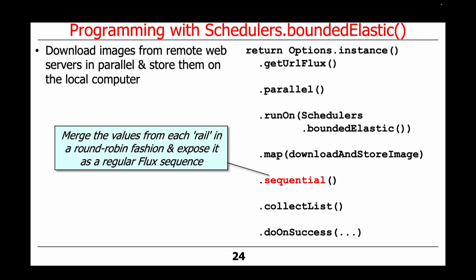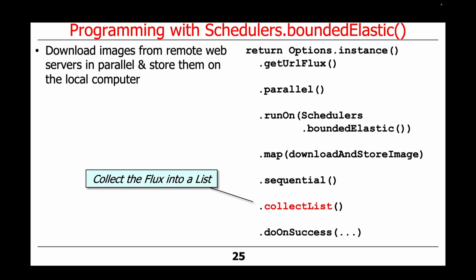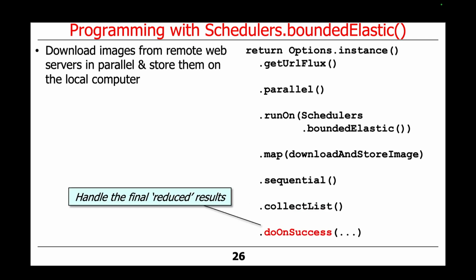We then call the sequential method, which will merge the values from each rail in a round-robin fashion and then expose it as a regular flux sequence, from which we can then call the collectList method to collect the flux into a good old Java list. And then finally, we'll handle the final results that have been downloaded and stored, and we'll print out the results through some kind of logging mechanism using the doOnSuccess operator.